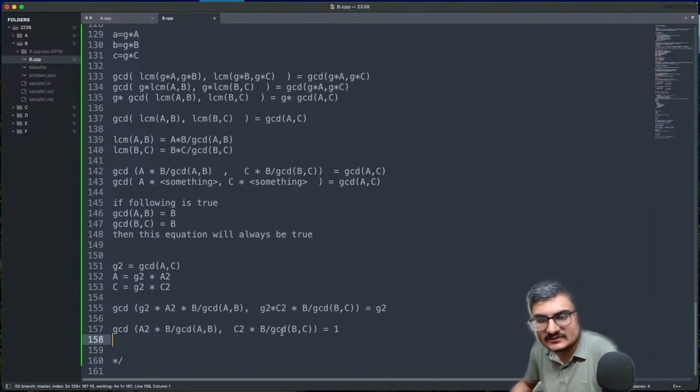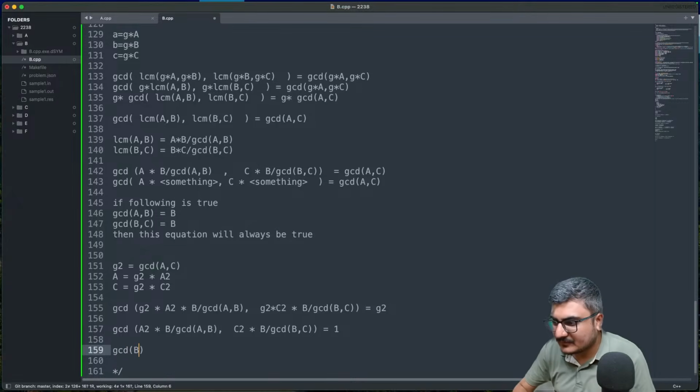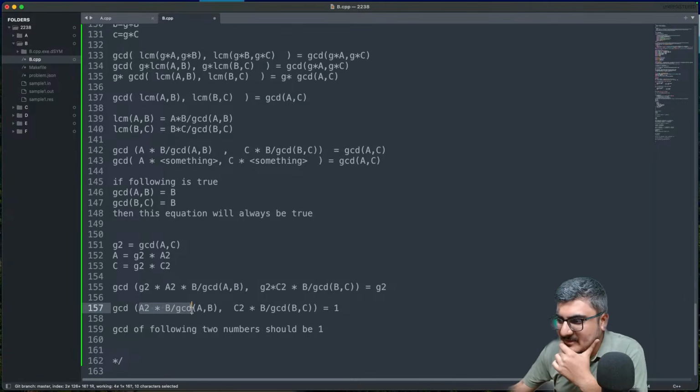Now, when we are at this equation, what you can see is that some factor of B can come out from here and some factor of B can come out from here as well. But because the overall GCD should be 1, then GCD of B divided by, because this number is formed from two numbers, this is also from two numbers, and they should never be equal.